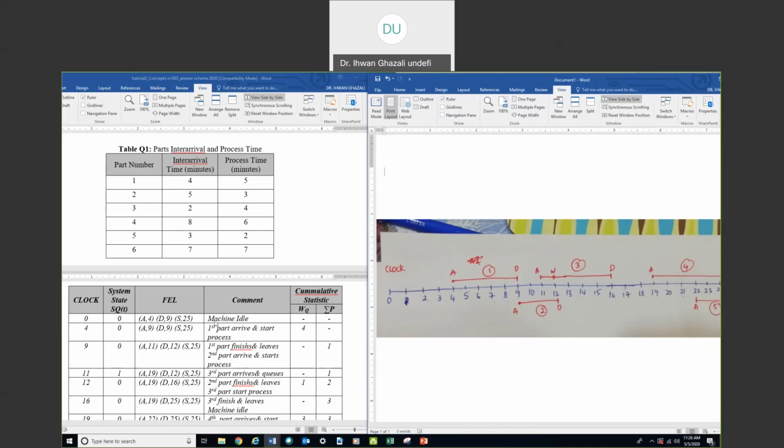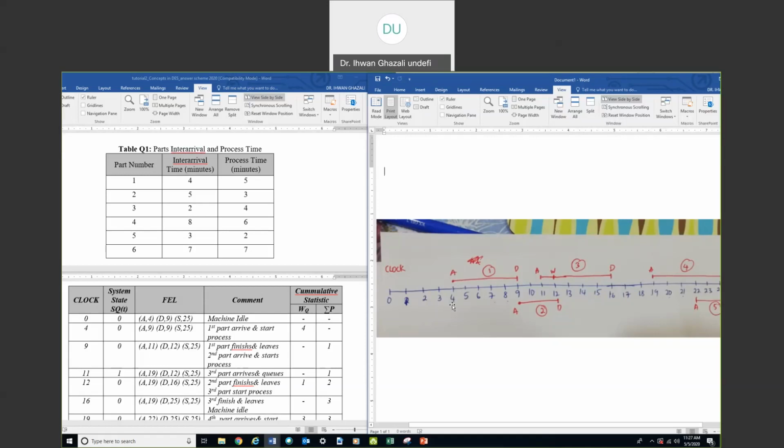Okay, let's start from the first line. 00 is the starting point. And then the future is that part number one will come, arrive at minute 4, and then the process time finishes at 9. From where? In the simple calculation, just add 4 plus 5, so 9.